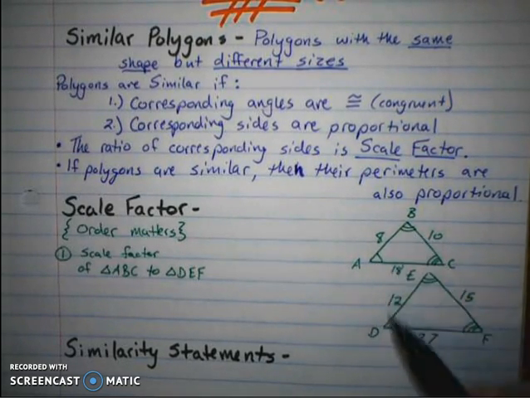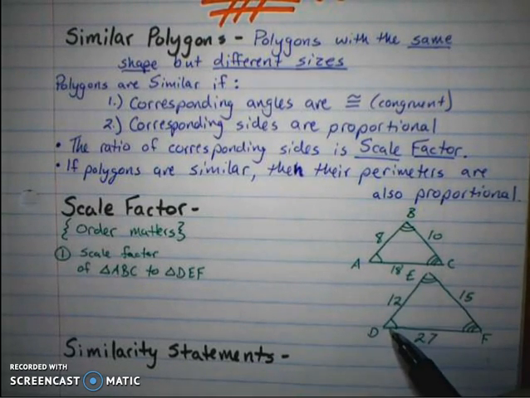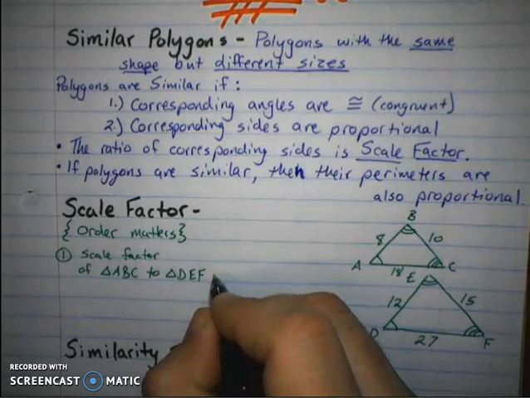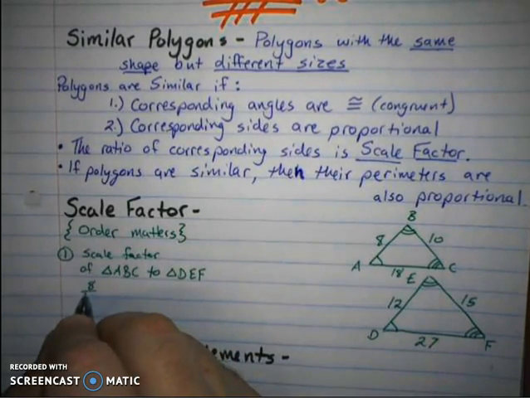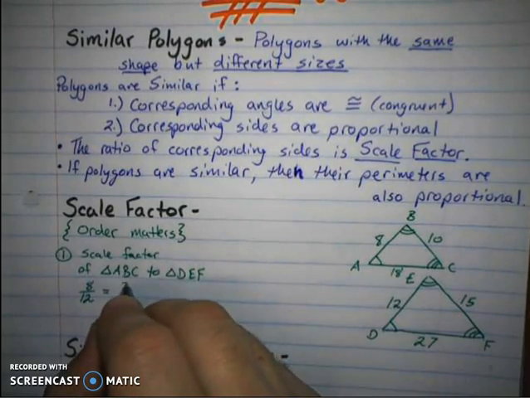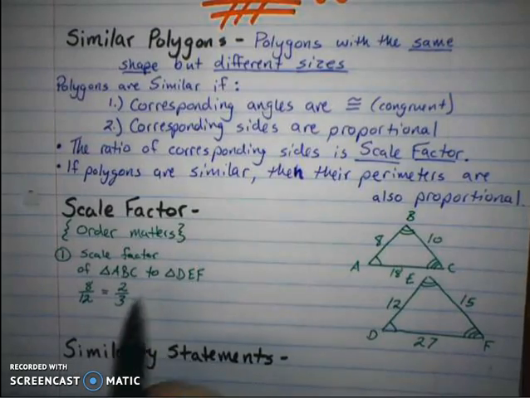AB, angle A is congruent to angle D, B is congruent to angle E. So side AB would correspond to side DE. So we can say that the scale factor is 8 to 12. But we always want to reduce that, and we get that that simplifies to 2/3. So the scale factor of ABC to DEF is 2 to 3.